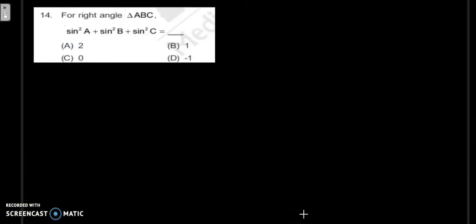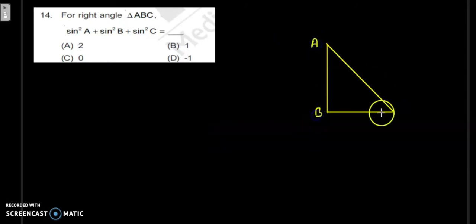Question number 14. This one is the tricky question from trigonometry. Here it is given a right triangle ABC. Where the right angle is is not given, so we'll let any one be the right angle. I'm letting B be the right angle, so B is 90 degrees.